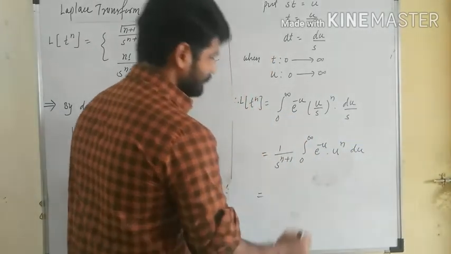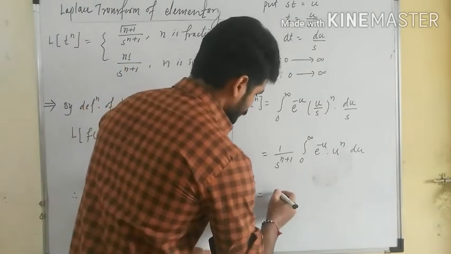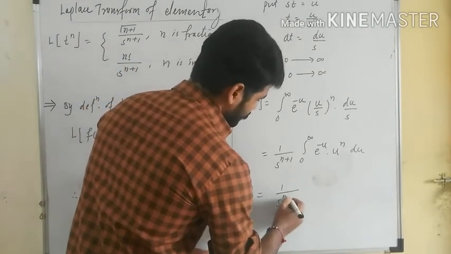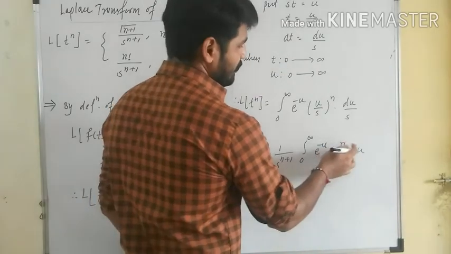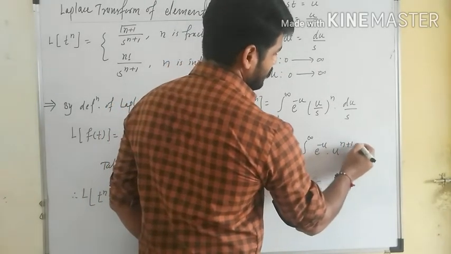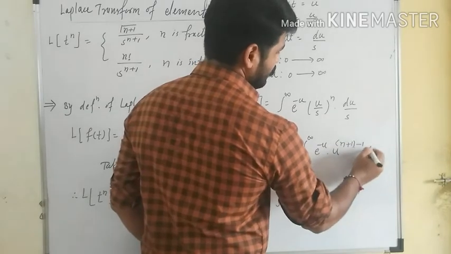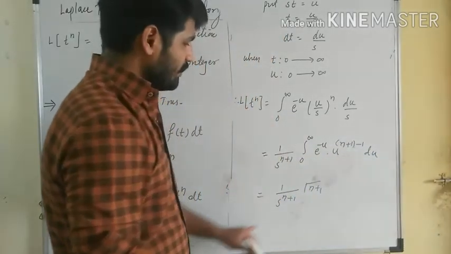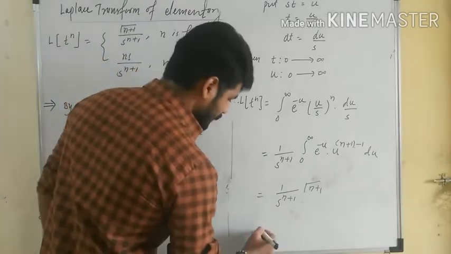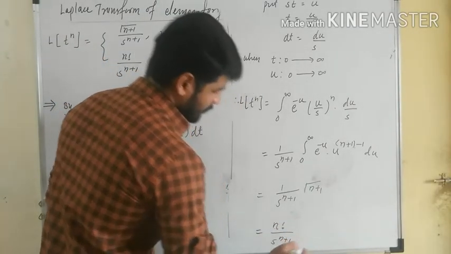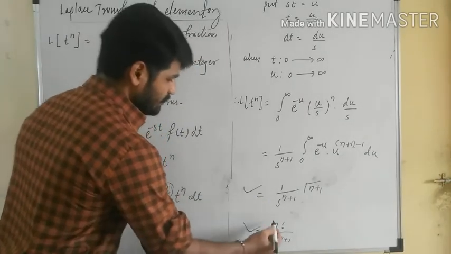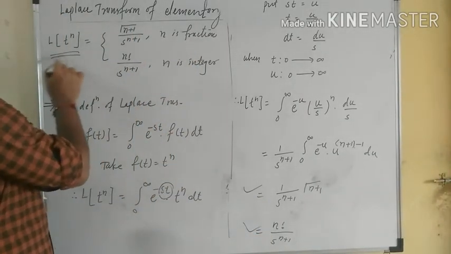So that is nothing but 1 upon s raised to n plus 1 into gamma n plus 1, because this n can be written as n plus 1 minus 1, into du. But what is gamma n plus 1? That is nothing but n factorial upon s raised to n plus 1 as it is. So these are the two solutions for the given Laplace transform.